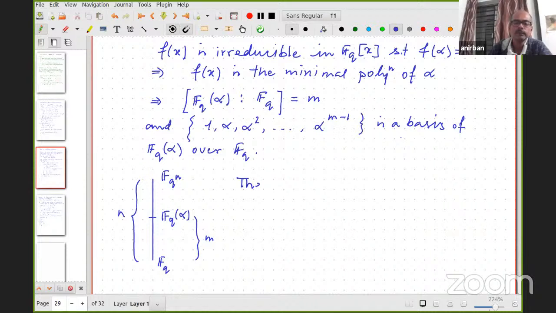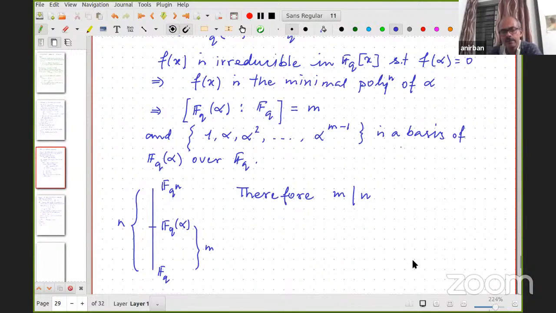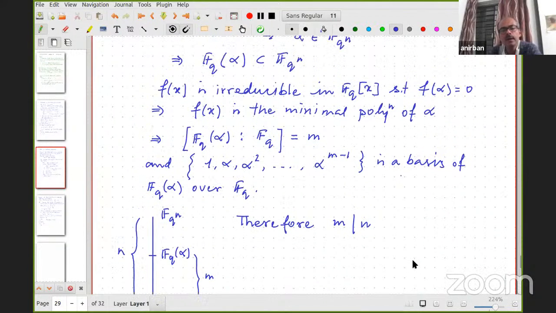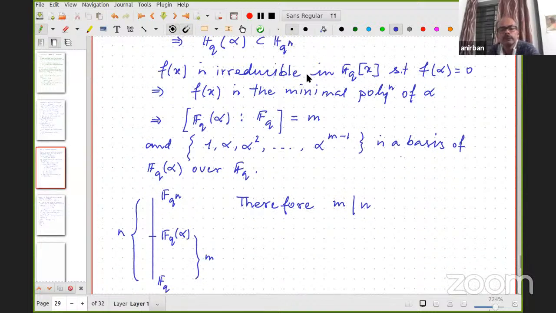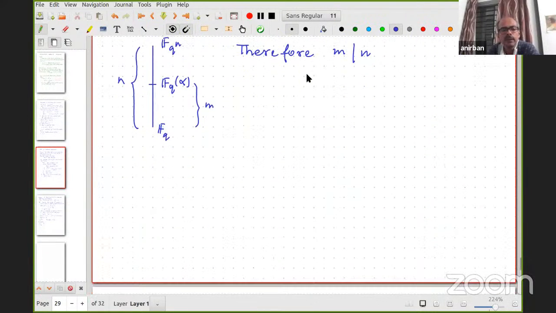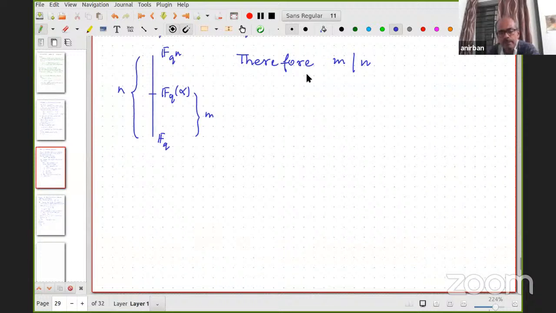So therefore m divides n. We really don't need the basis, we just need the degree of the extension and the fact that it's inside F_{q^n}. So m divides n.